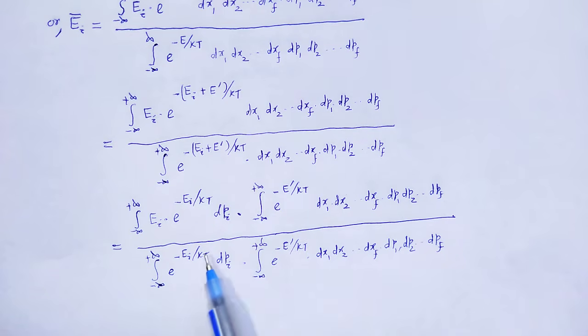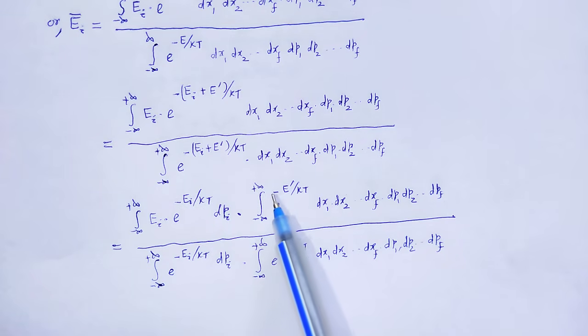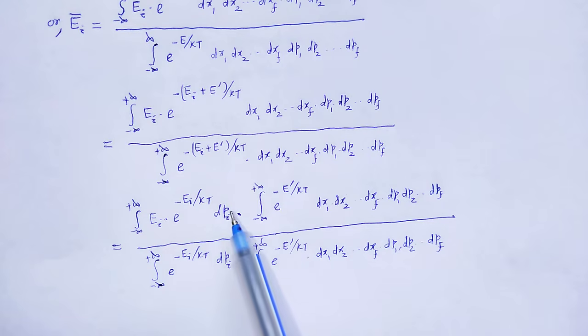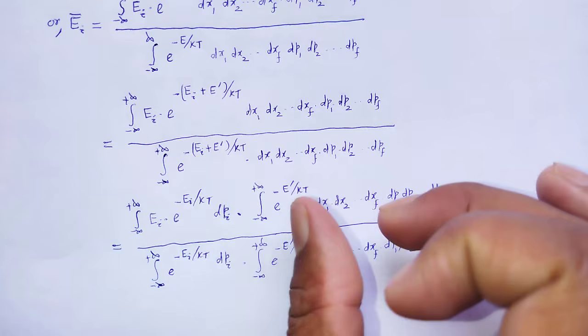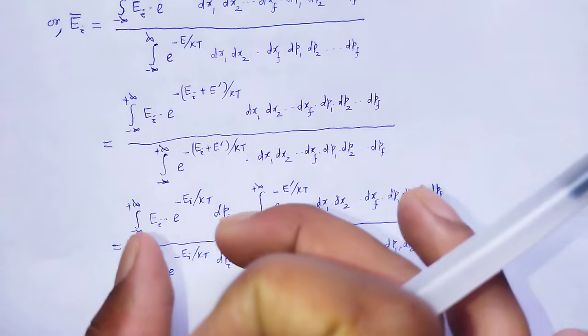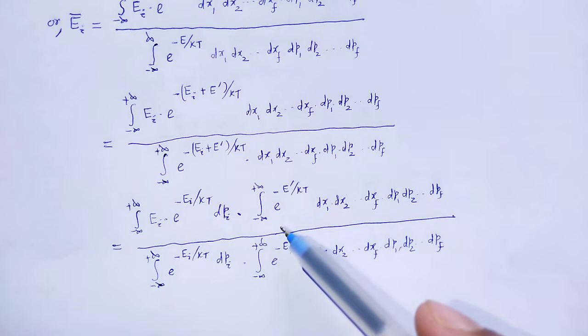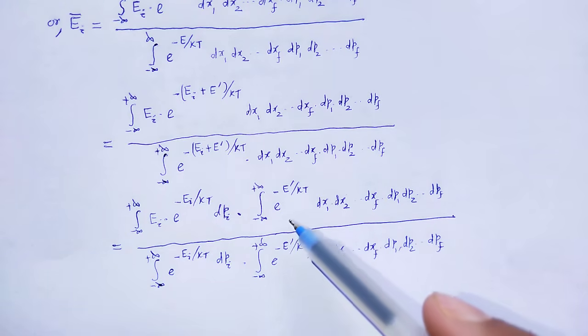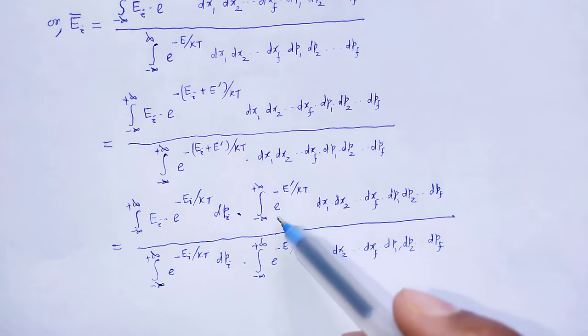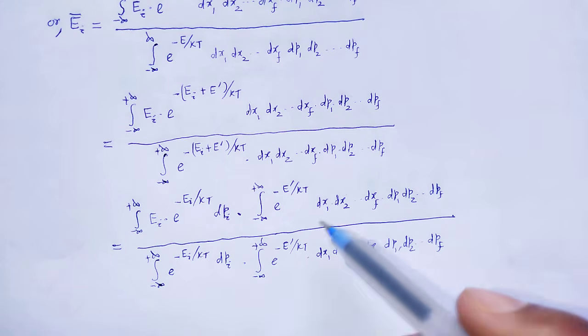Why? Because e dash is independent of that pi term, therefore we can separate that integral like this. Hence the integrals containing e to the power minus e dash by kt are cancelled with each other.